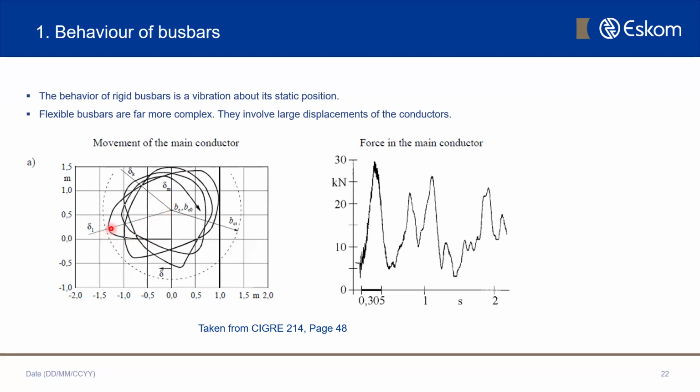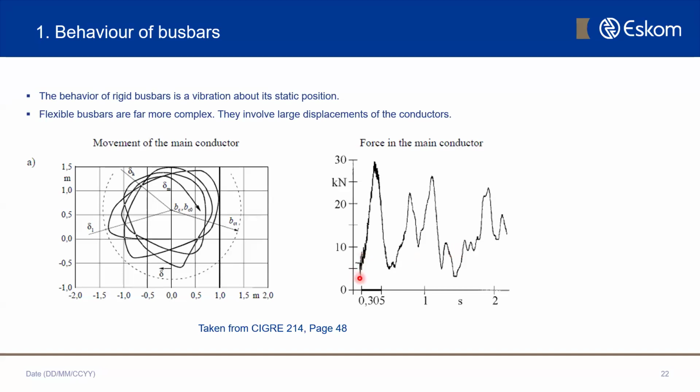The conductor has swung out to delta 1, and delta M would be the angle it's at before it drops down. So you can see, and this was done in an experiment with a camera, and it measured the tension in the conductor.